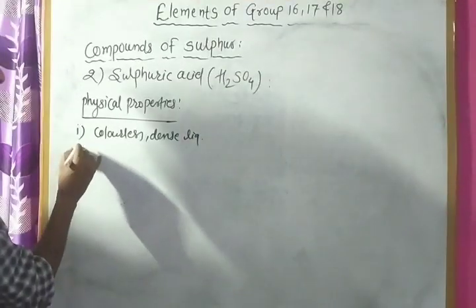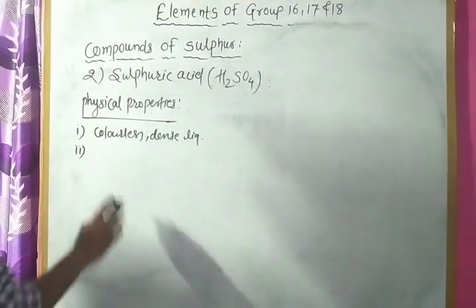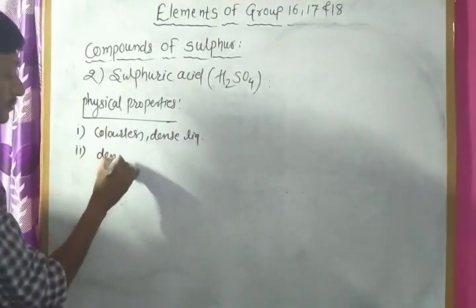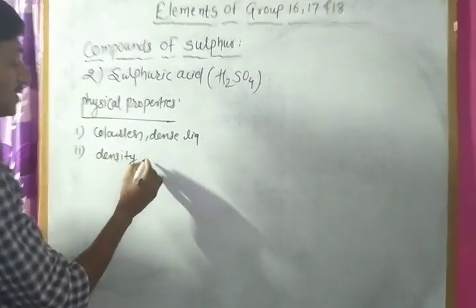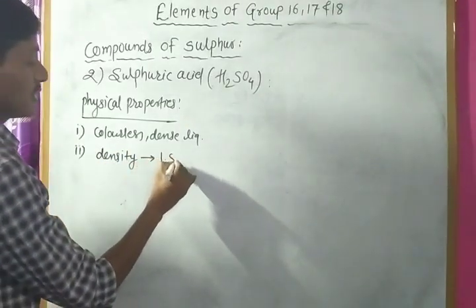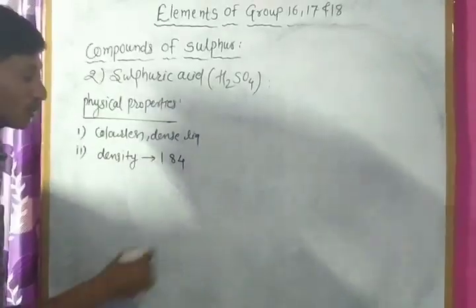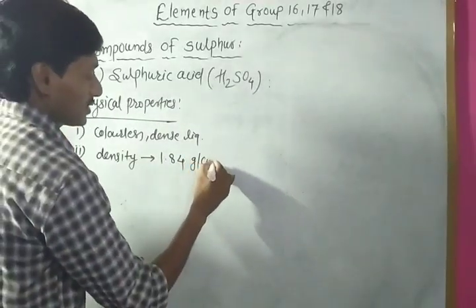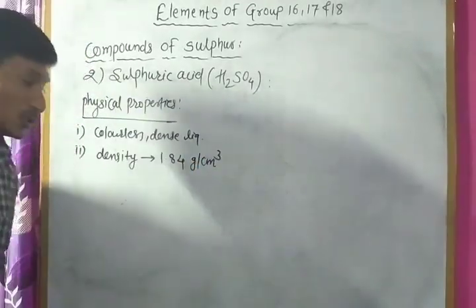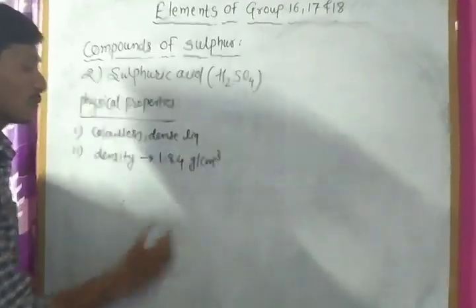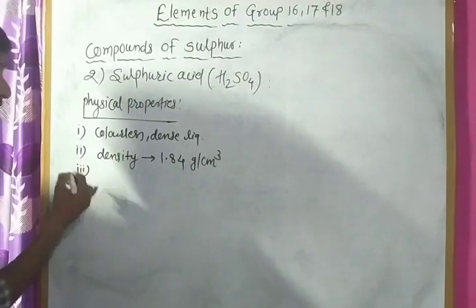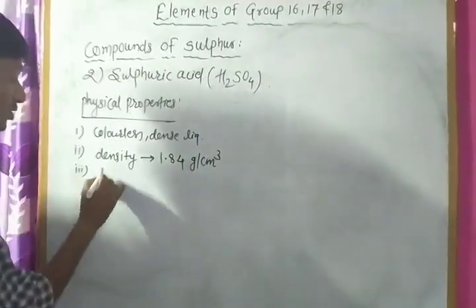Second one is its density. Its density is 1.84 gram per cm cube. Third one is it is highly corrosive.